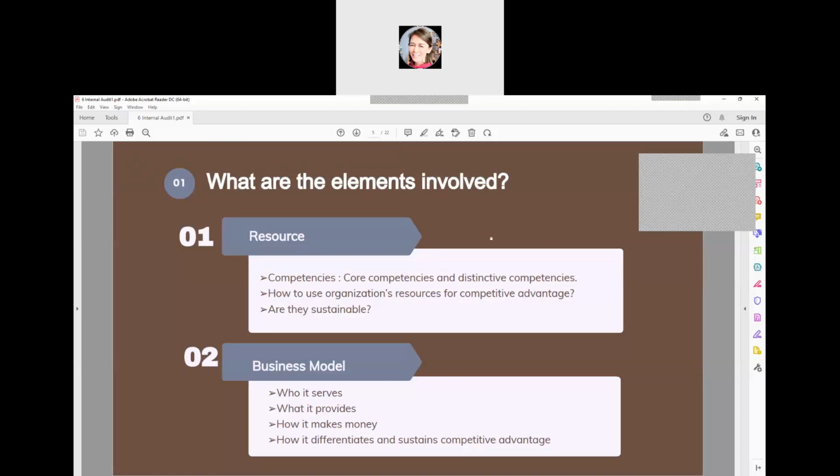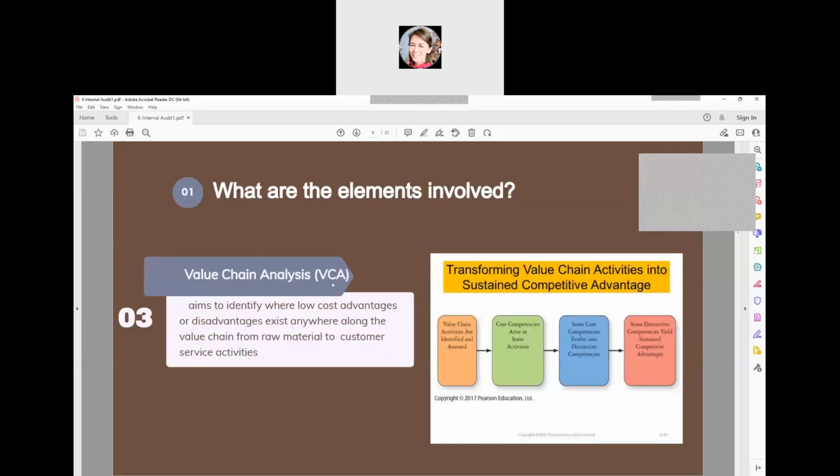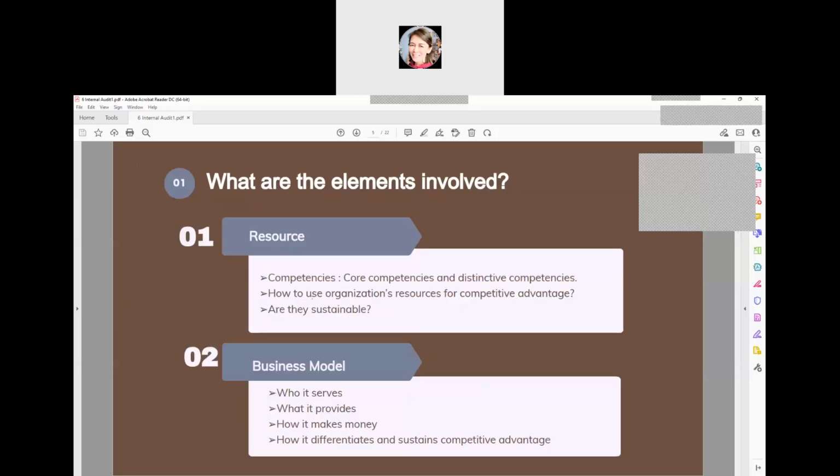Now, in order to be different, or to achieve the competitive advantage, organizations really need to look at these three things: resources, business model, and value chain. These are the three things that businesses would look into. Like I just mentioned, resources are the accumulated capital, both financial and non-financial, that the company has at its disposal.